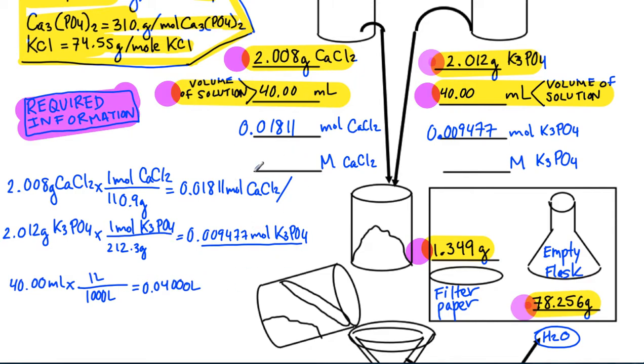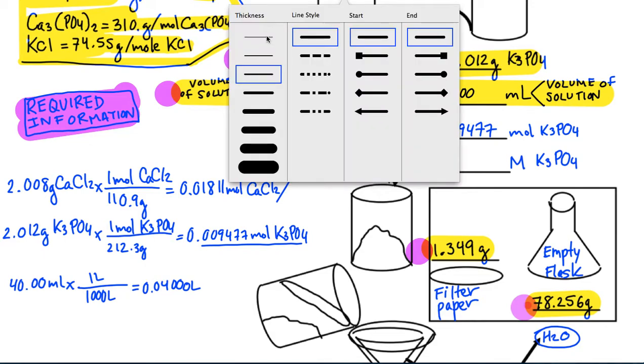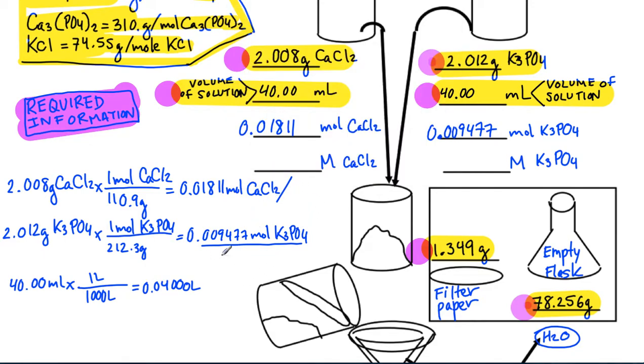So if I divide both of these numbers now, I'm going to just change colors to make it a little bit more obvious, by 0.04000 liters, I will be given the molarity.